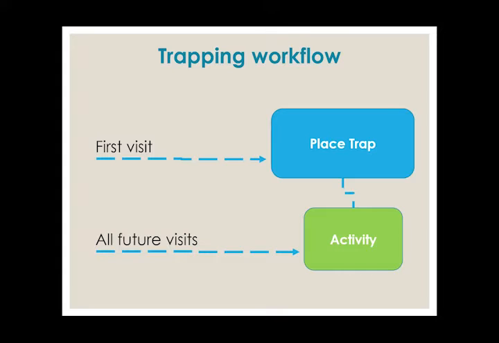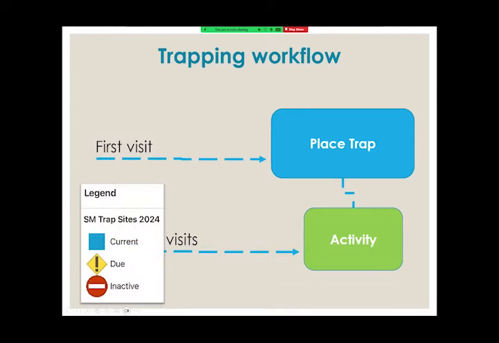And for a Spongy Moth, there's no standard interval for service. The legend for current, due, inactive for Spongy Moth is here. And for flighted Spongy Moth, that's every 14 days. So 14 days after the placement of that trap, that script runs overnight and will change the symbol on your map to due.